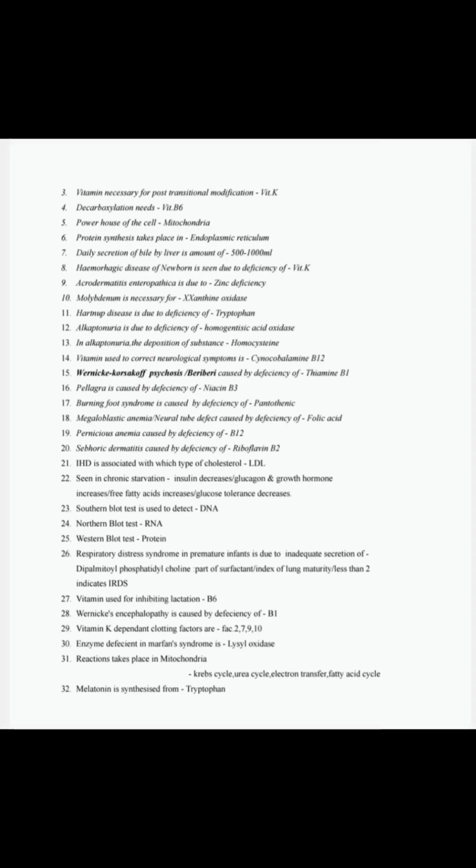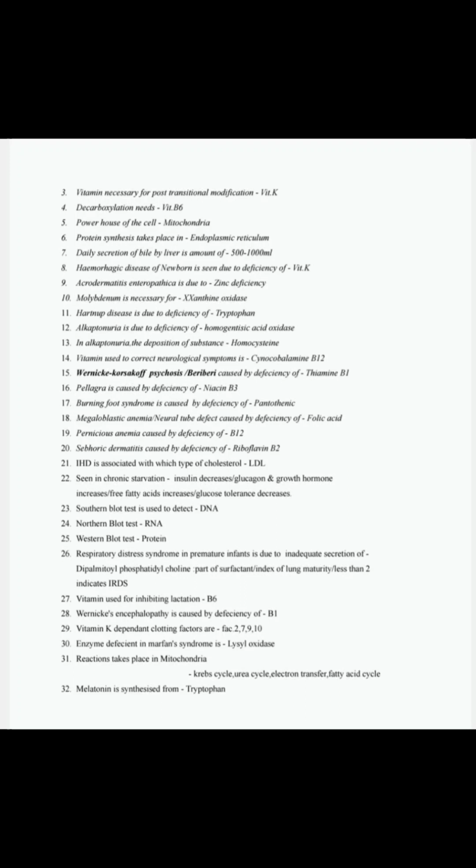Hemorrhagic disease of the newborn is seen due to deficiency of vitamin K. So vitamin K is responsible for bleeding. Acrodermatitis enteropathica is due to zinc deficiency. Molybdenum is necessary for xanthine oxidase, a very important high yield point.